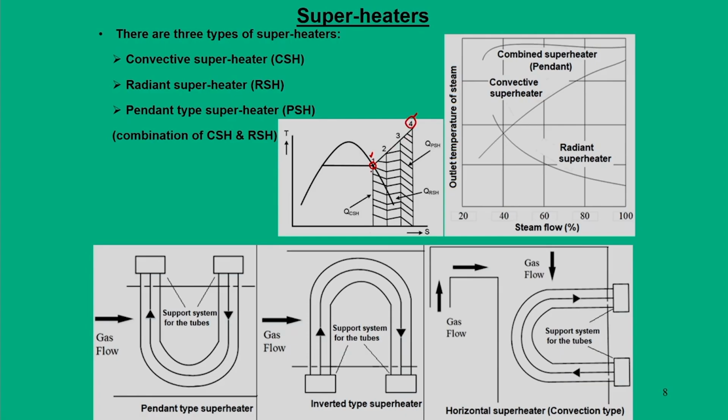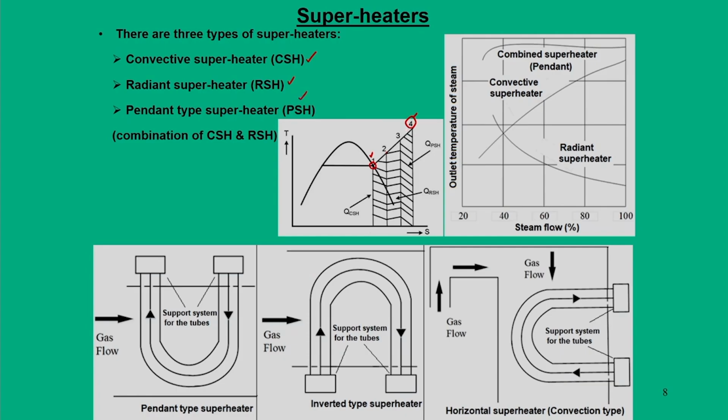If the degree of superheat required is very high, then we have to go for the radiant type, or if the degree of superheat is less, that means somewhere you want to stop the superheating at point 2, then a convective superheater is sufficient. But in some cases we require both types.